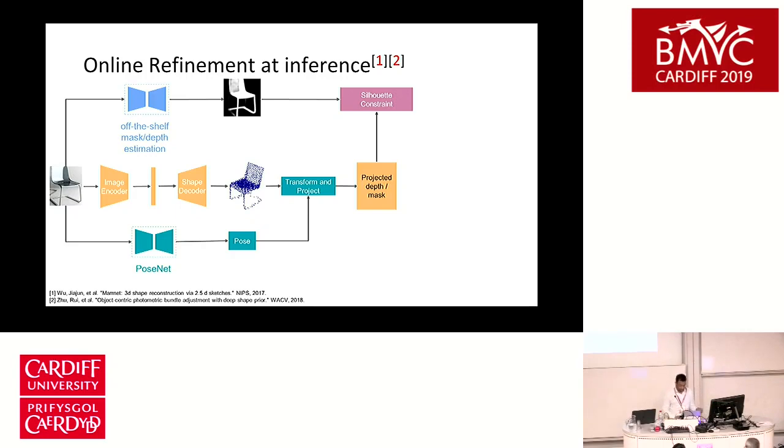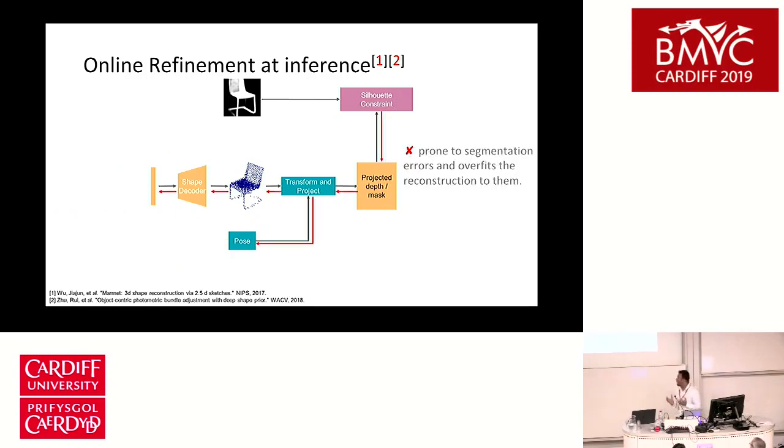So if you do it naively, what happens is that you're going to overfit to a lot of noise which any single view segmentation scheme is going to have, and bake all these segmentation errors into your reconstruction as well.